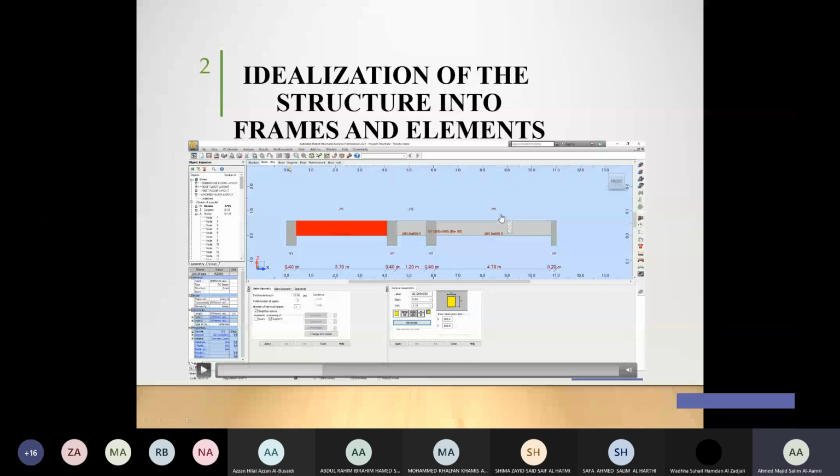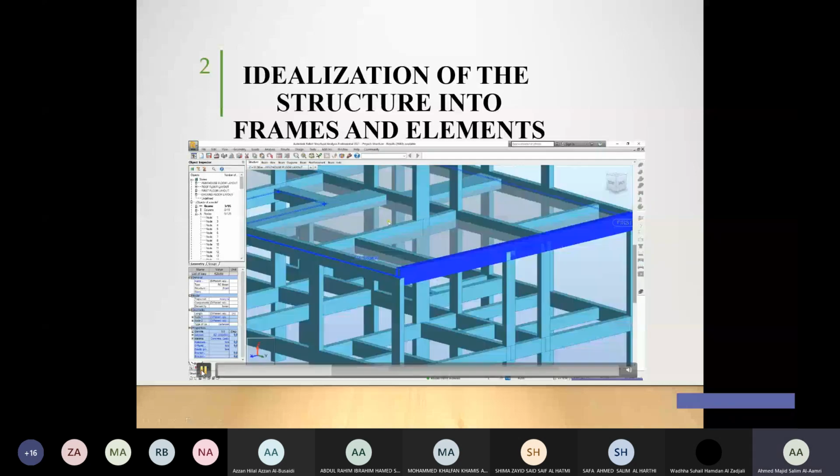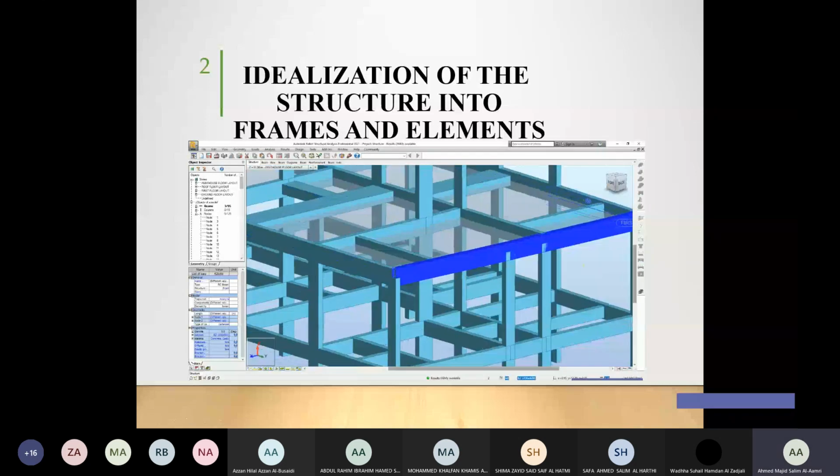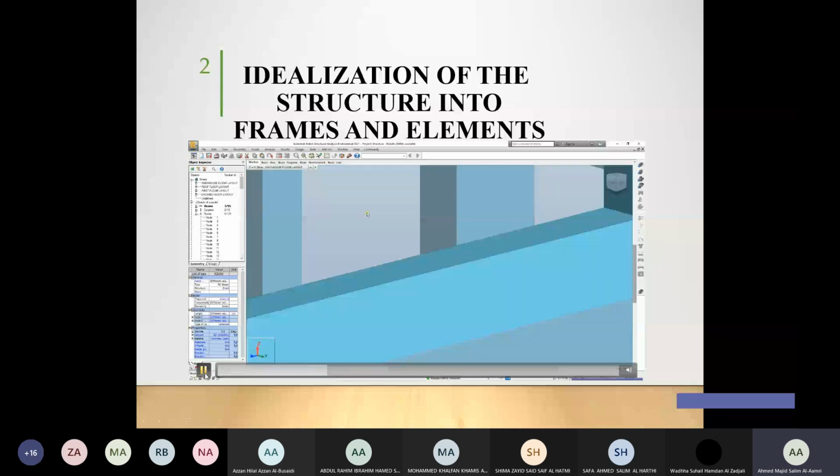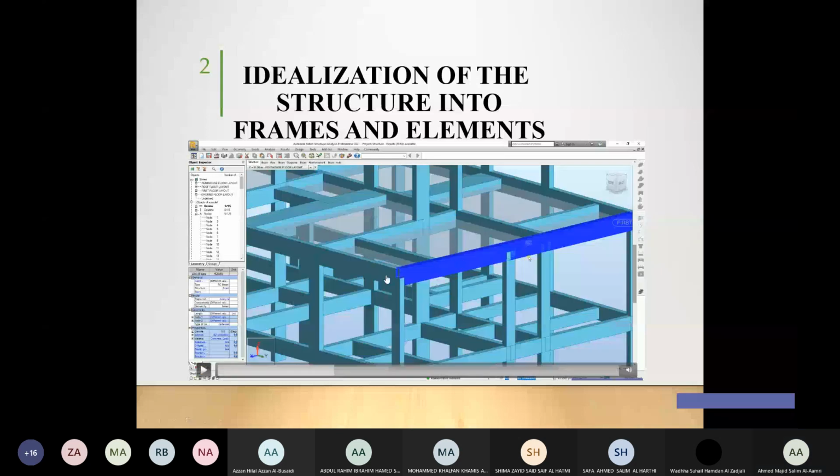So if we go and see it here, now you can see this beam is supported by support number 1, and then we have number 2, 3, and then there is number 4, which is the column here.